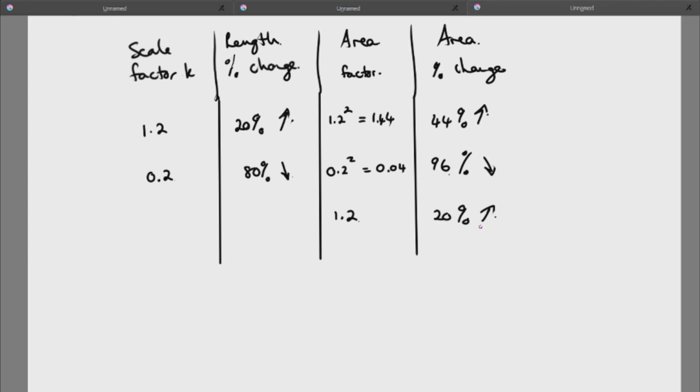So to get the scale factor that gives me that area factor, I have to note that, let's do it like this, area factor is the scale factor squared. So the scale factor is the square root of the area factor.